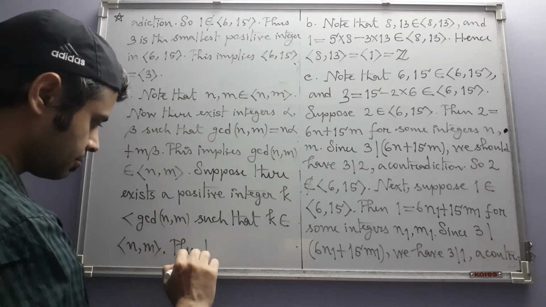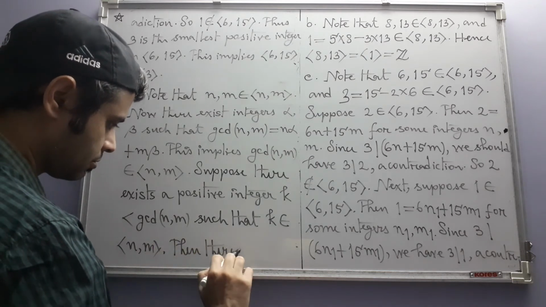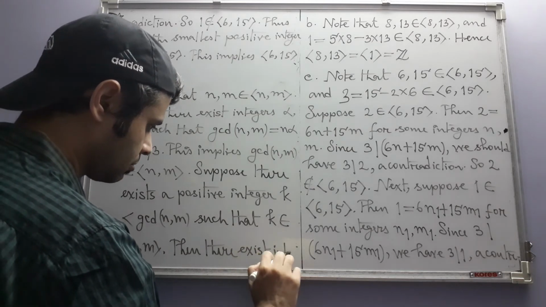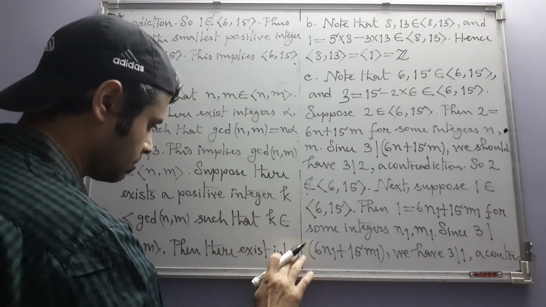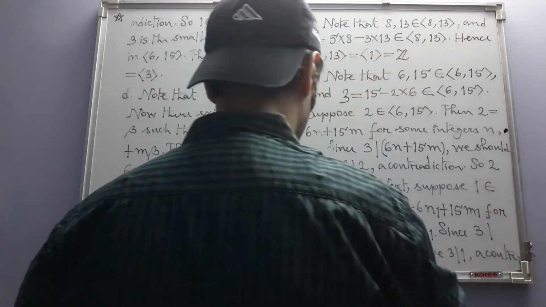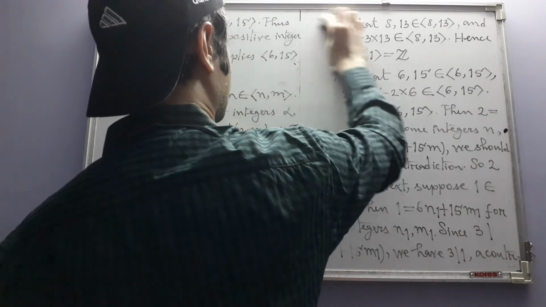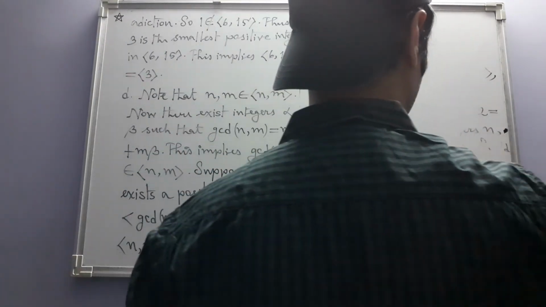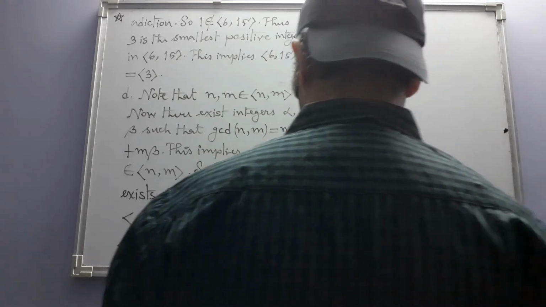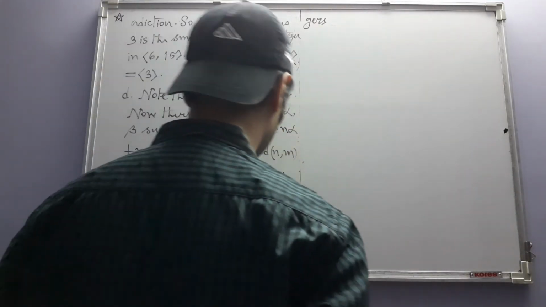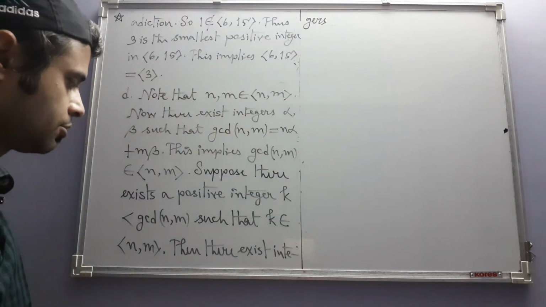Then there exist integers. What should we take?